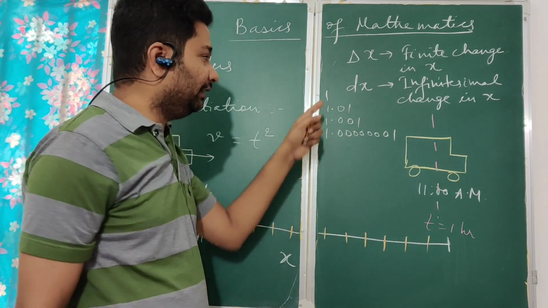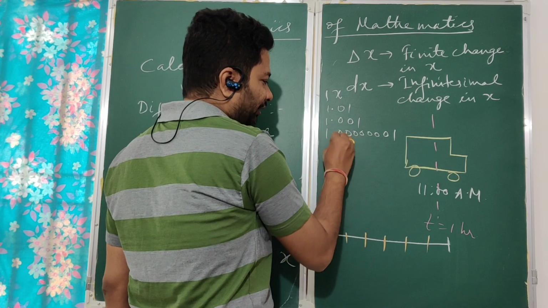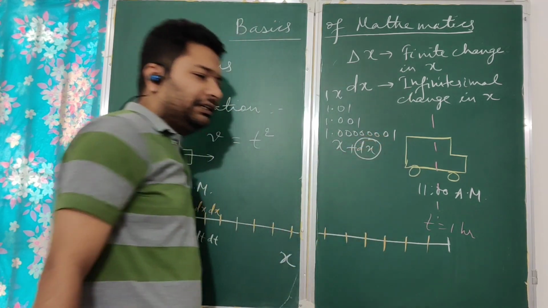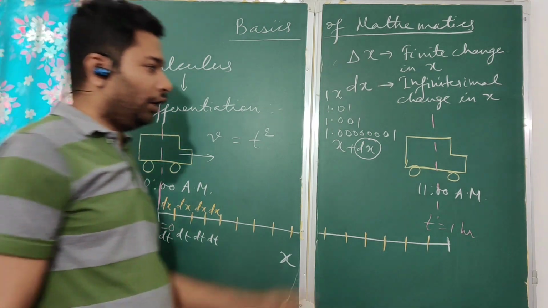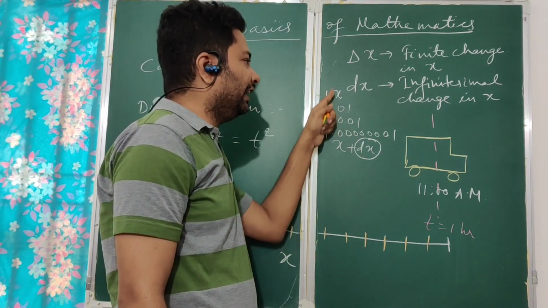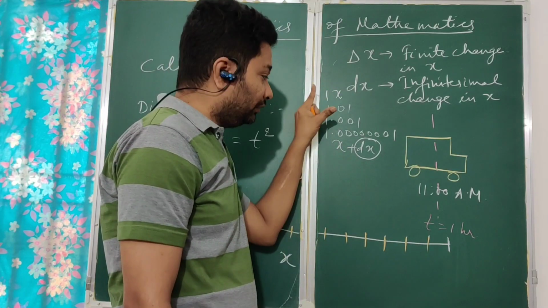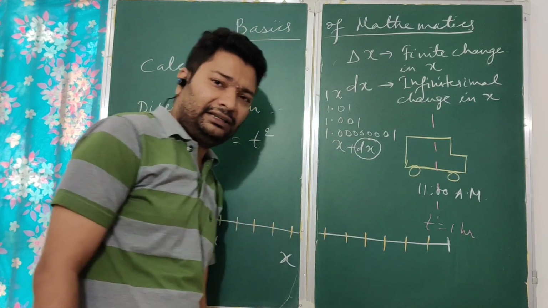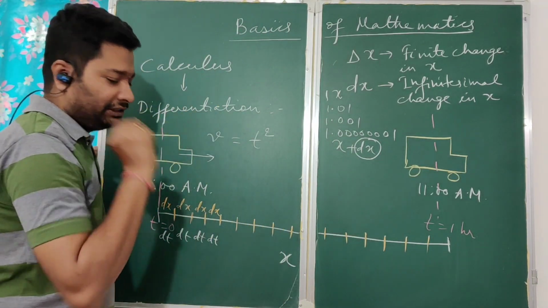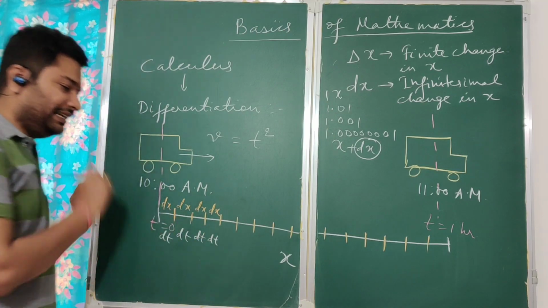So now you can imagine, if I ask you what is the very next, if this is x and the next number is x plus dx, then you can imagine what can be the value of dx and how small dx can be. So it is very next to 1. That small change is called dx. So you can imagine that dx is a very, very, very small change. Correspondingly dt here also is a very, very small change.